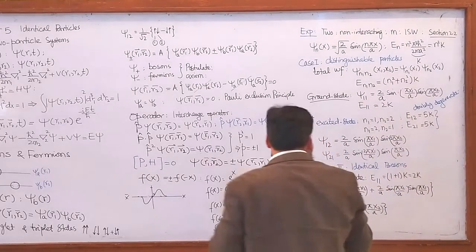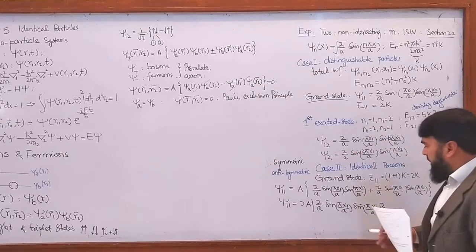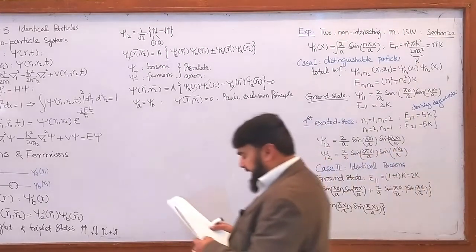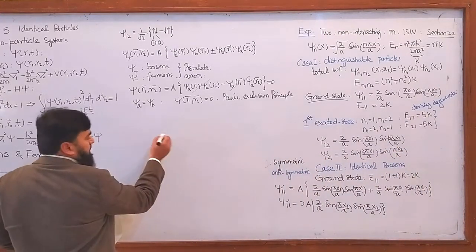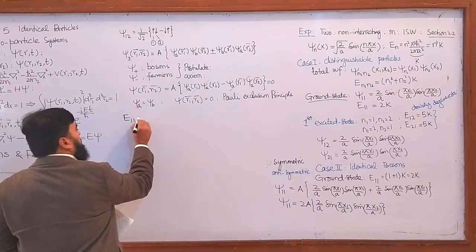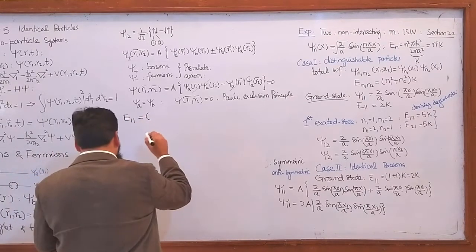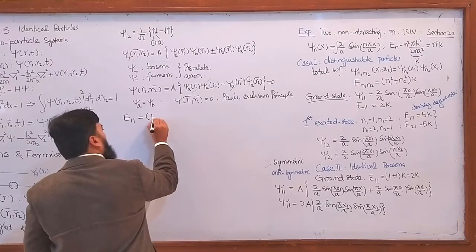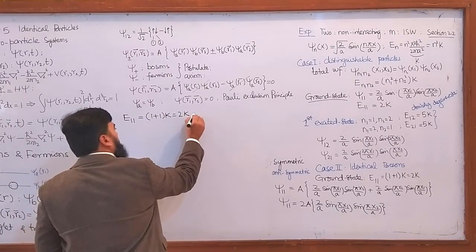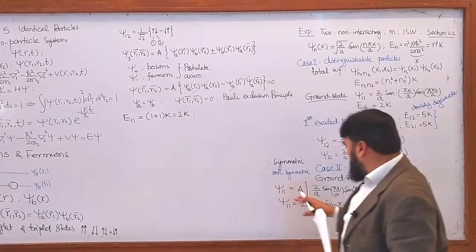Okay, so psi 1,1 is equal to 2 times A times this, and now the energy of this state, E1,1, the ground state, is equal to (1 plus 1) k, which is 2k, where n1 is 1 and n2 is 1.